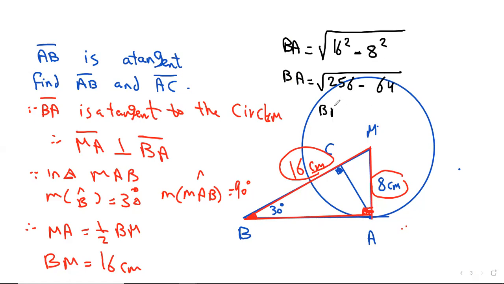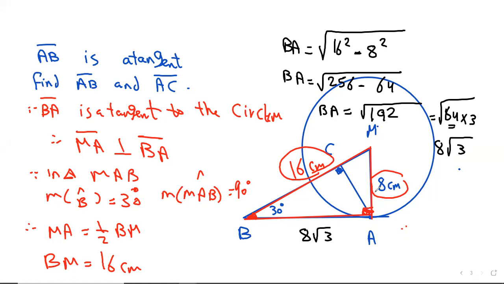So BA equals the square root of 192. The square root of 192 is the square root of 64 multiplied by 3. The square root of 64 is 8, so it's 8 root 3. So BA equals 8 root 3.